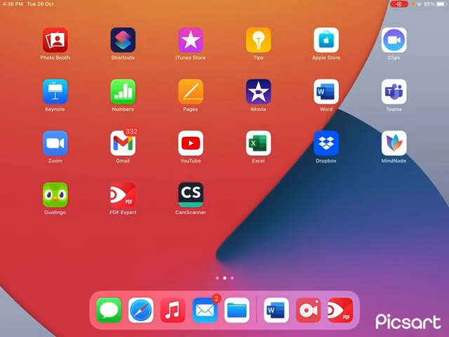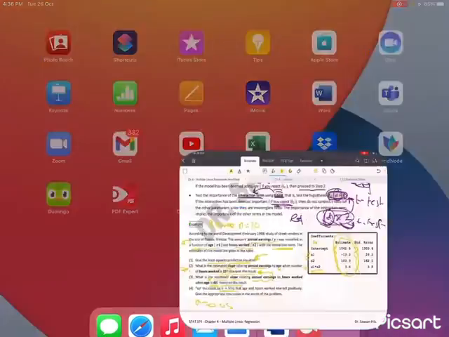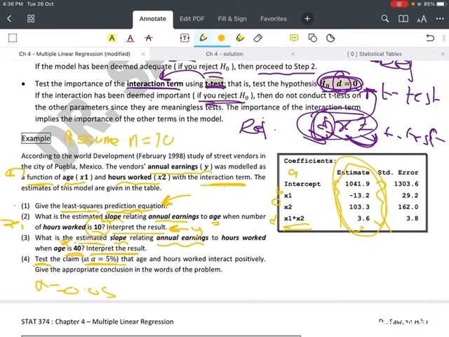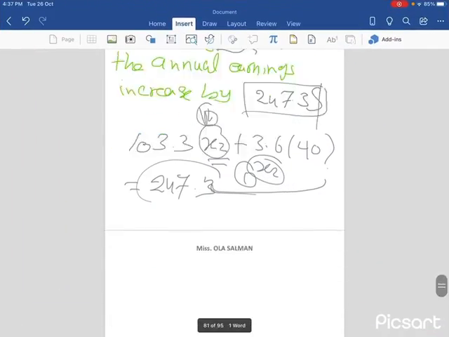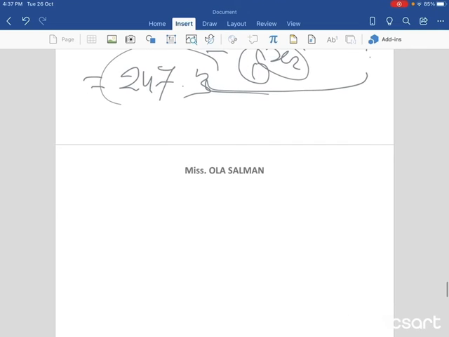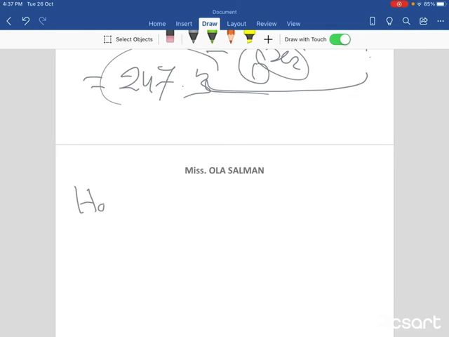I need to do a test on the interaction term, and positively means greater than 0. You will find all the information in the exercise. You will go and make the test. H naught: d equals 0, H1: d greater than 0.